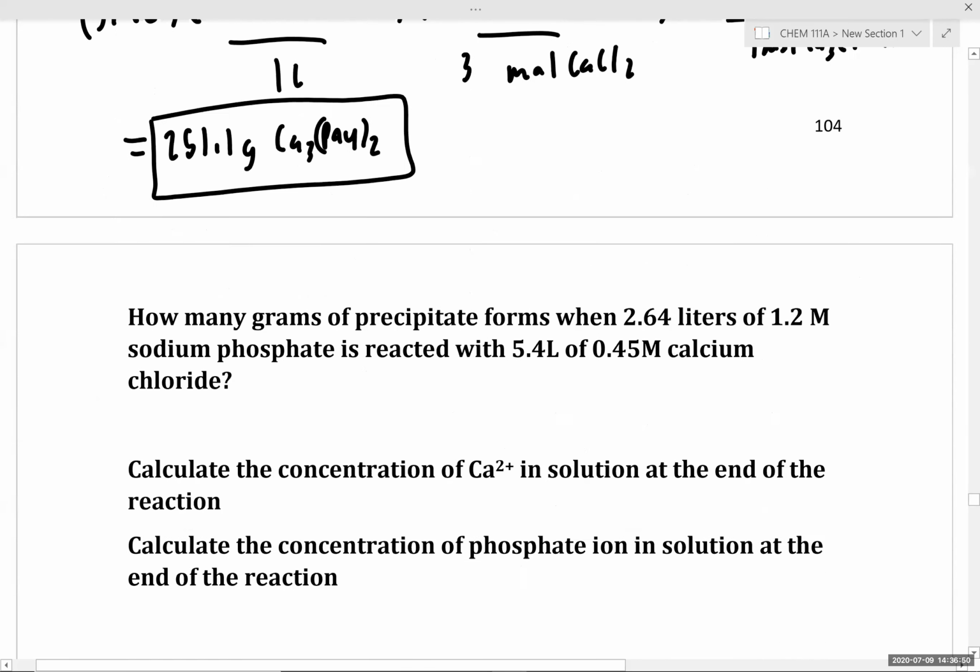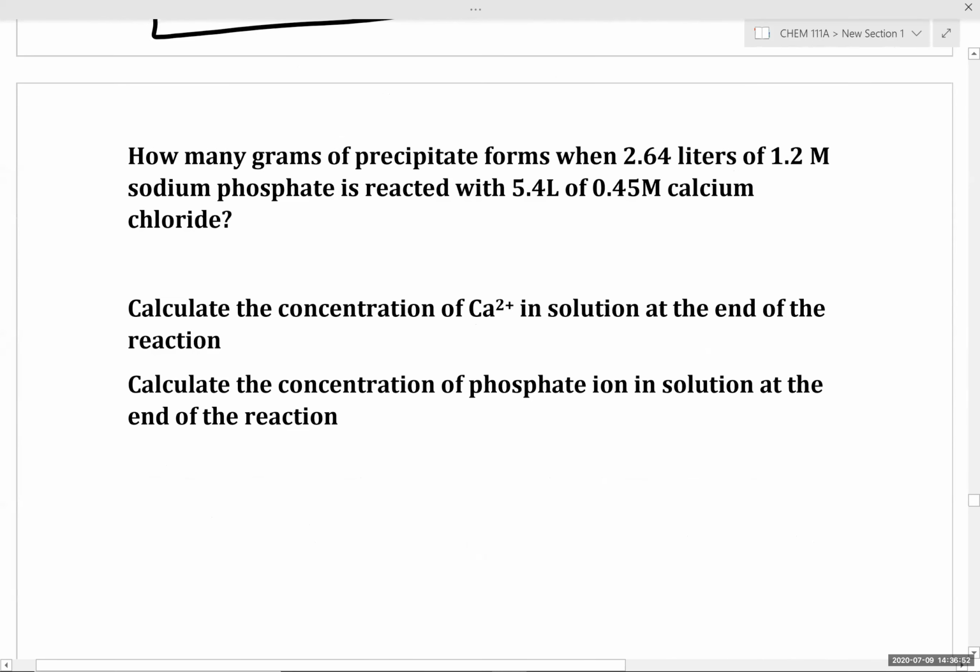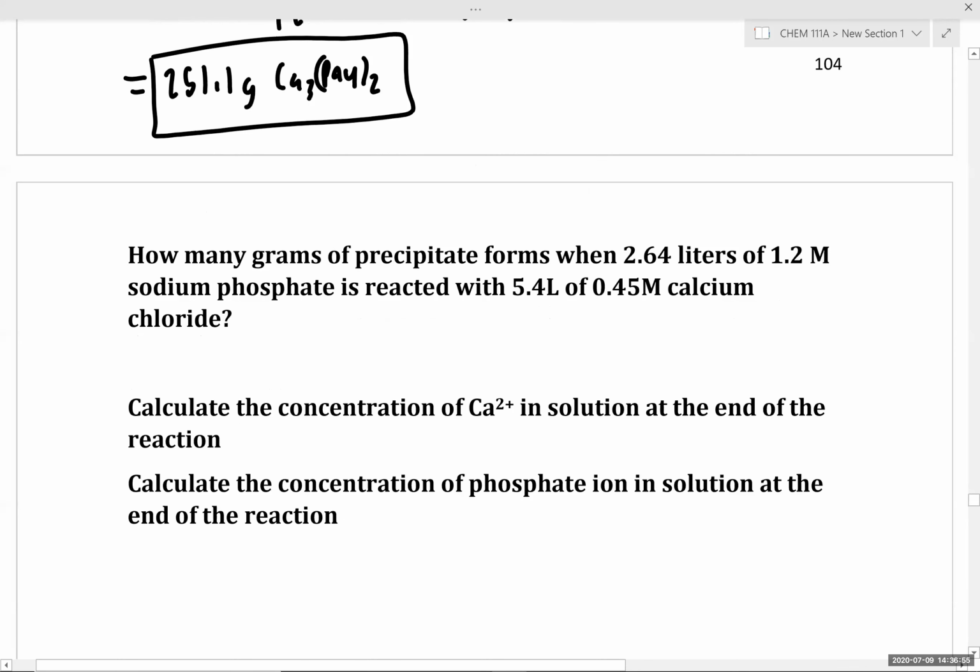Let's now take a moment. So let's write out our balanced chemical equation once again.